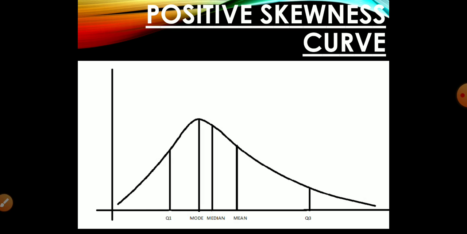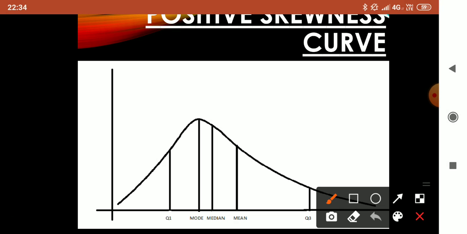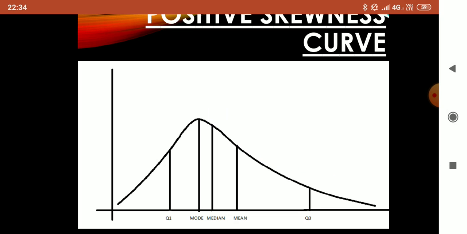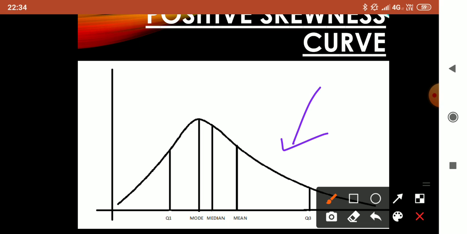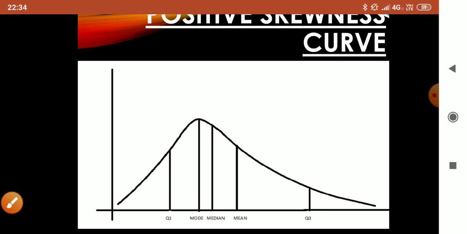Now we will see the curve of positive skewness. Here in the curve of positive skewness, you can see mean, median, mode here, and the curve is more elongated on the right hand side. When the curve is more elongated on the right hand side, then it is known as a positive skewed curve.